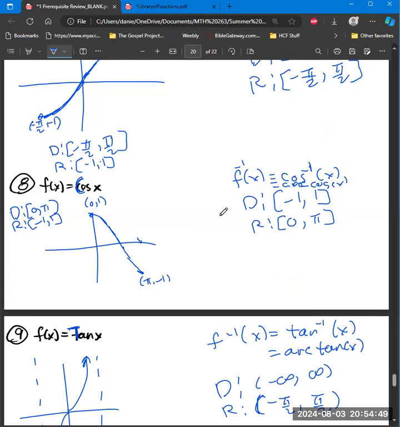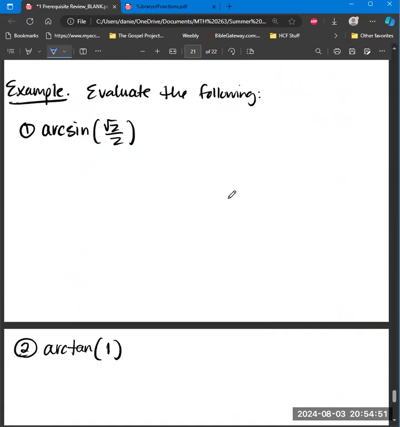So let's go ahead and evaluate the following. Where on the unit circle, or just where in general, does the sine have a value of root 2 over 2?